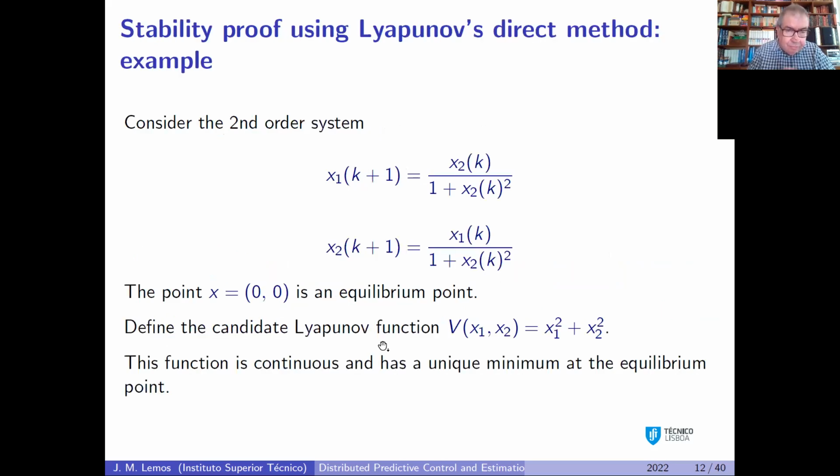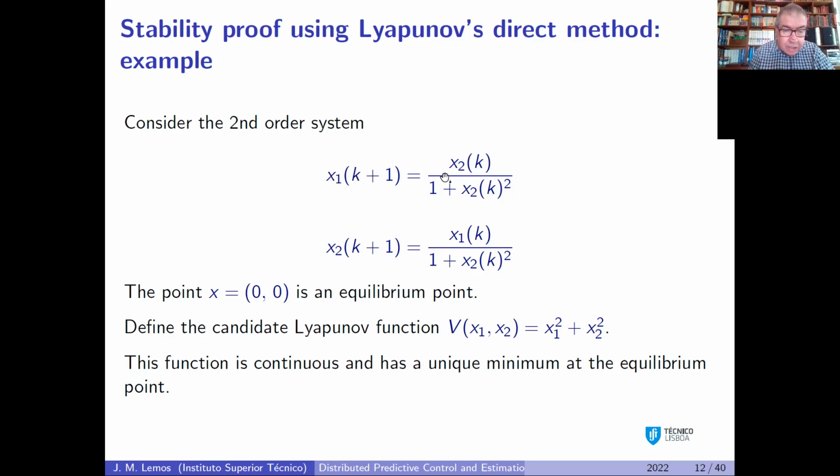Let's see one example. Suppose that we have this second order system, which is nonlinear. So you see that this is f1 and this is f2, and these are nonlinear functions of x1 and x2. You can easily see that 0, 0 is an equilibrium point, because if you start with x1 equal to 0 and x2 equal to 0, what do you get?